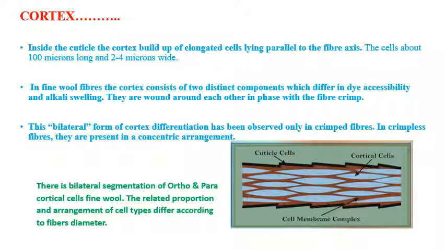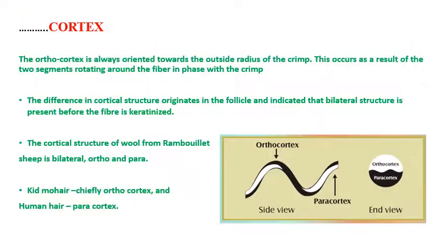So in this bilateral arrangement of ortho and paracortical cells in fine wool, the relative proportion and arrangement of cell types differ according to the fiber diameter. In continuation to cortex, the orthocortex is always oriented towards the outside radius of the crimp.